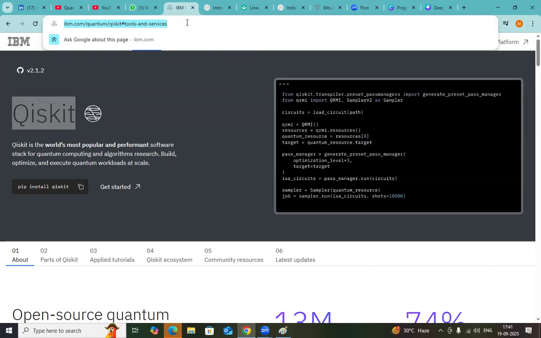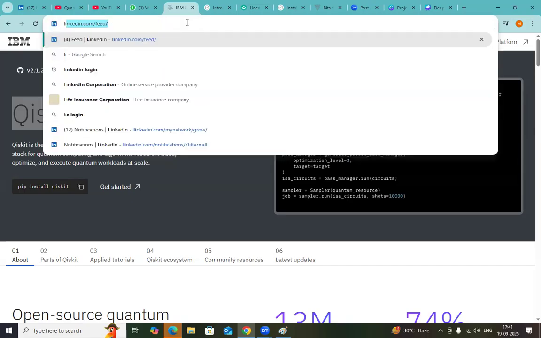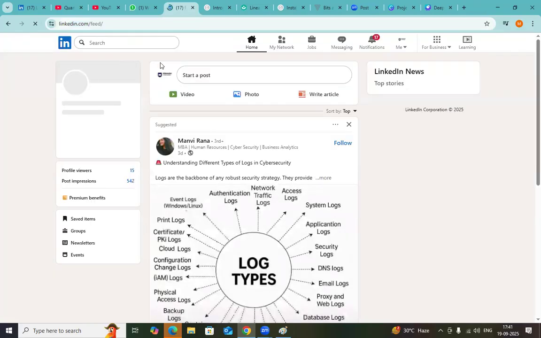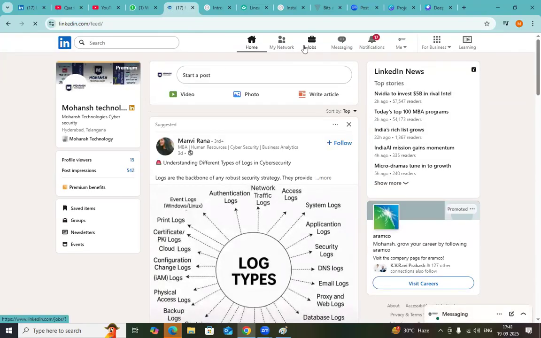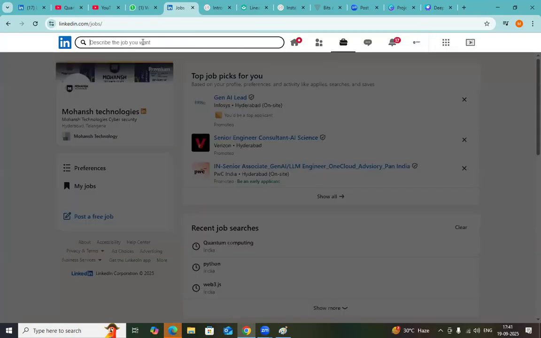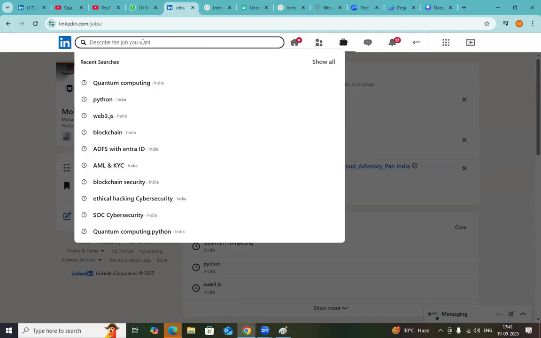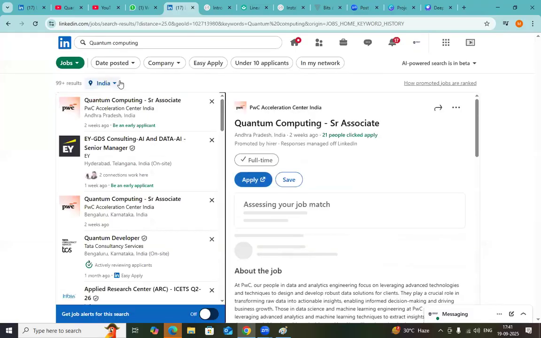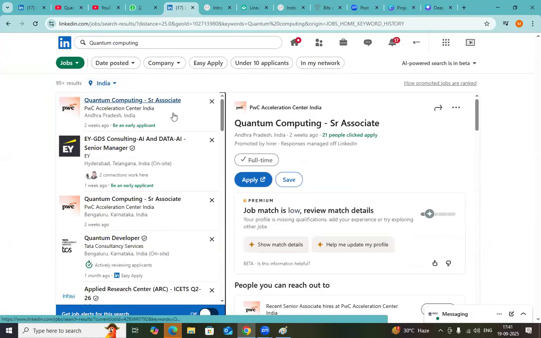If you search on LinkedIn, let me open LinkedIn and go to jobs. How many jobs are available now for quantum computing? Sir, this technology is not existing yet. This is an upcoming, emerging technology. Now companies are hiring quantum developers, freshers and seniors.